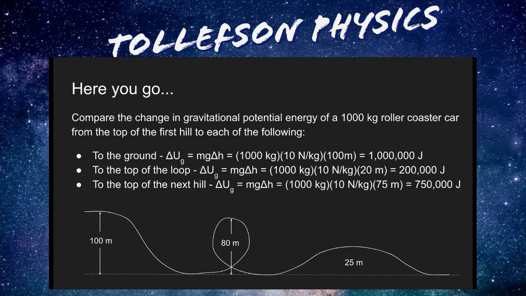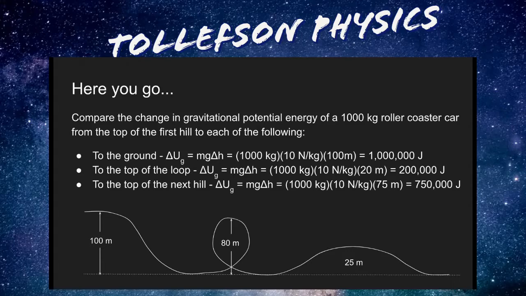And we do the same thing for the other two. So the top of the loop is only 20 meters different, right? So the top of the hill is 100 meters, the top of the loop is 80 meters. So all we care about is the change in this particular case. And so when we look at that, that's 20 meters, and that gives us a gravitational potential energy of 200,000 joules.